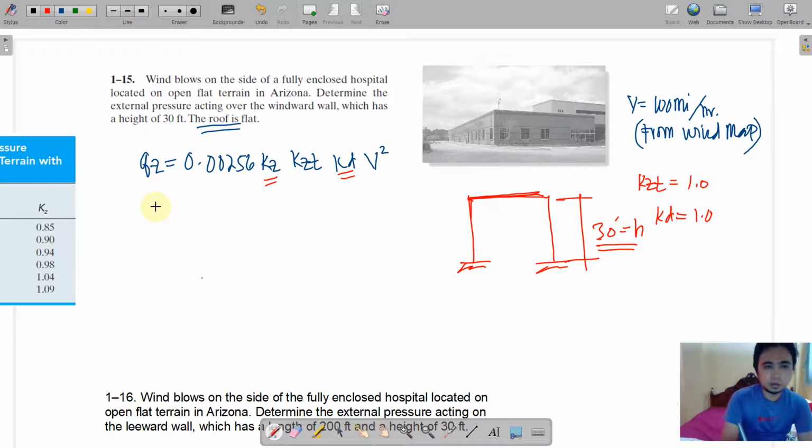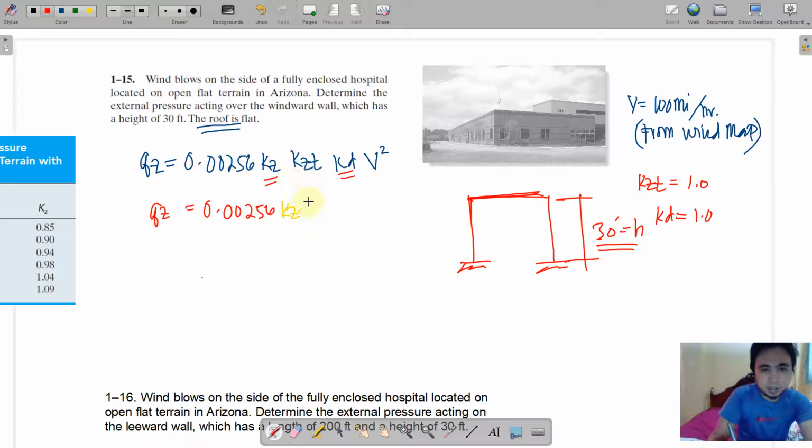Okay, so we are going now to compute for QZ. QZ is equal to 0.00256. So we are going to leave KZ. We'll write KZ as it is, because KZ here will be a changing value by and by.